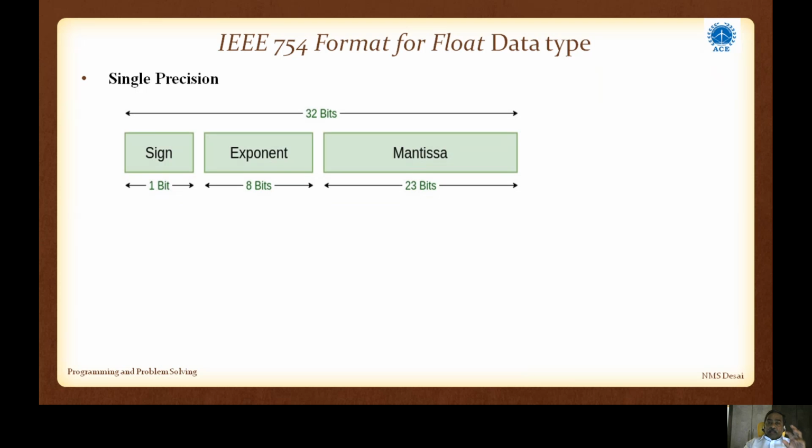Now, a real number has two parts, the integer part and the fractional part. But in C, the floating point number is always represented as 1 point fractional part, and in binary the digits are 0 and 1 only. Unlike decimal, where digits are from 0 to 9, in binary there are only 2 digits, 0 and 1.